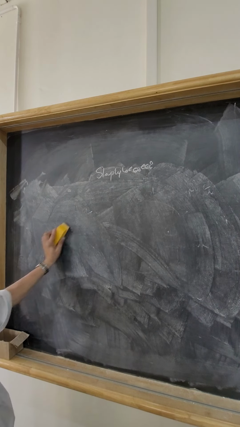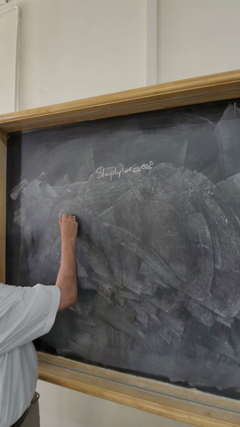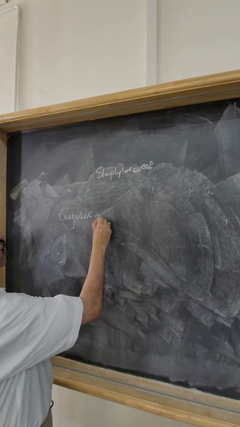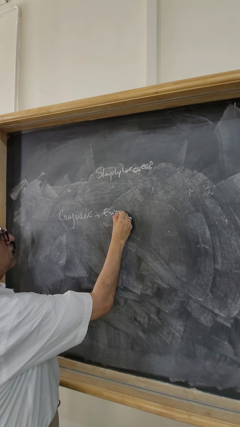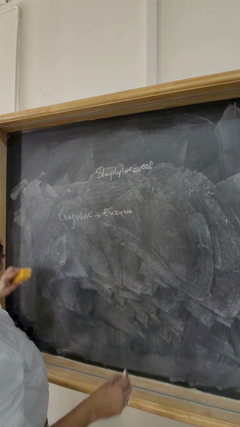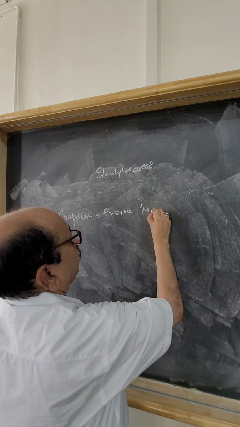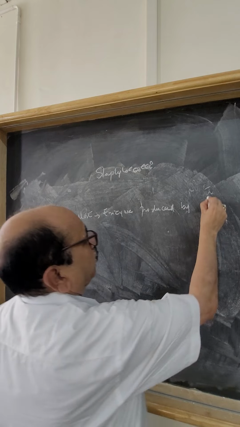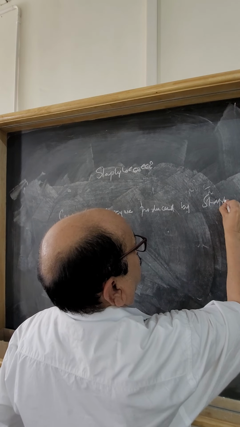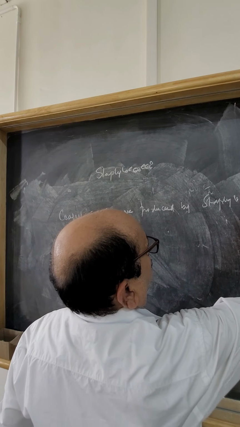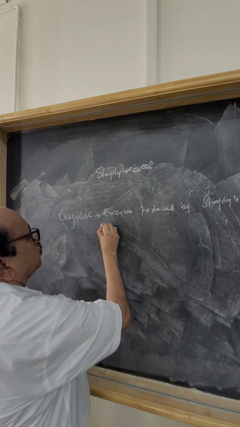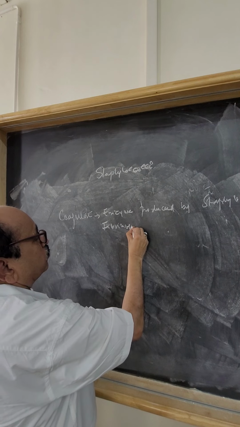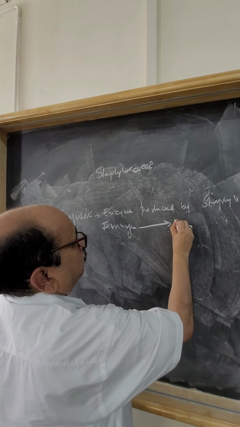Next is coagulase. What is coagulase? Coagulase is an enzyme produced by staphylococci which converts fibrinogen into fibrin.